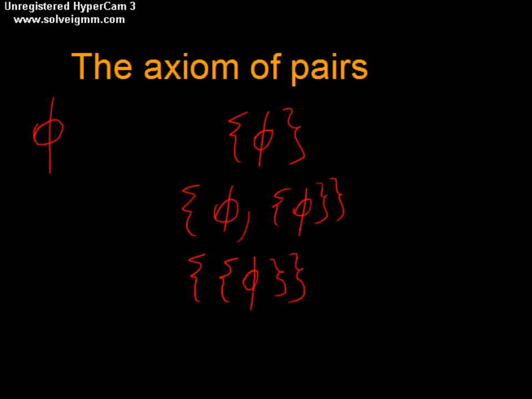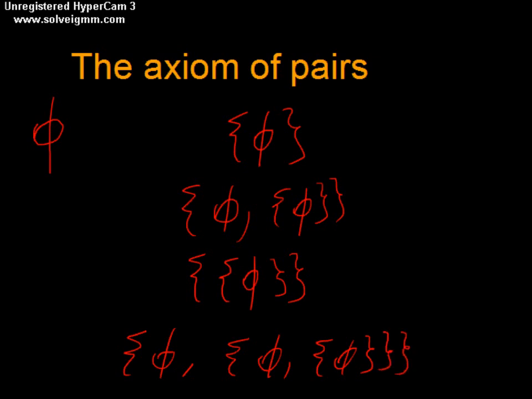And by applying pairing once again, we can obtain, for example, the following sets. So the axiom of pairs gives many sets, and you can check easily by using extensionality that these sets are all distinct.